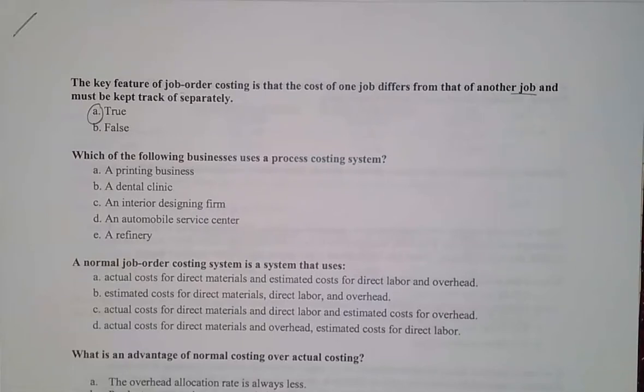We know whenever we get to the next chapter, which is process costing, we'll probably have kind of the reverse image of this question. So ask yourself this question: are all products the same or not? And if they are, then we have a process costing system or a business that uses them.